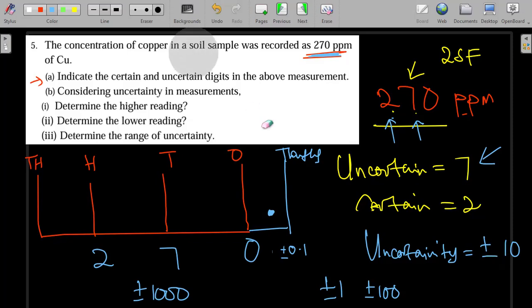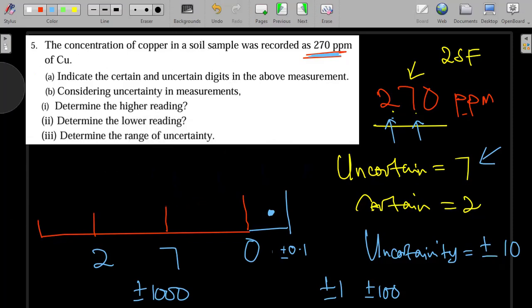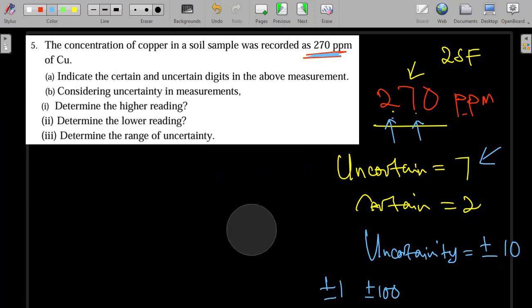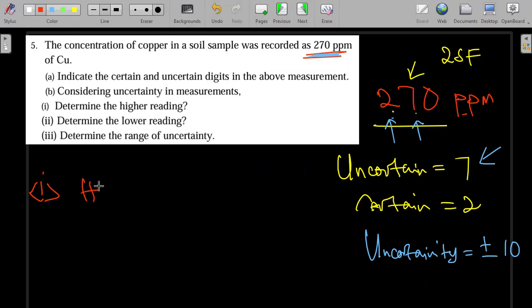Now that we have our uncertainty, we can determine the higher reading, the lower reading, and the range. The higher reading is equal to 270 plus 10, so this will be 280 parts per million.